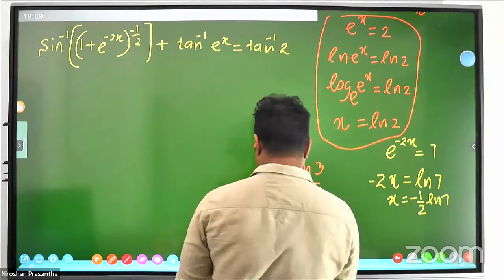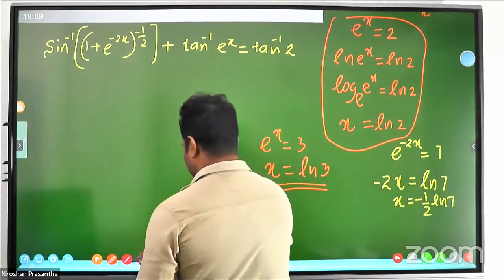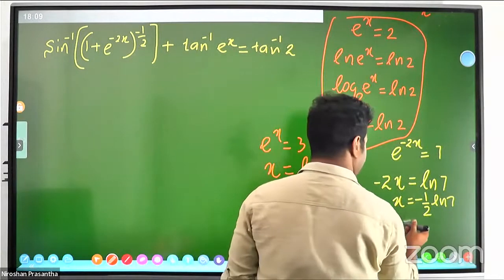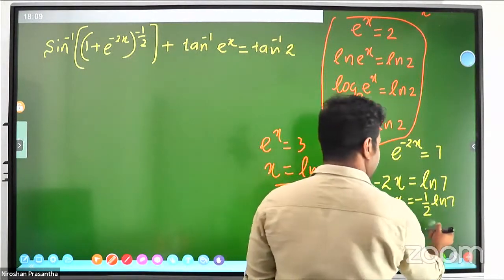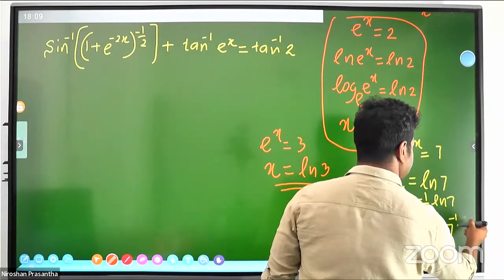And x equals ln 7 to the power minus half.